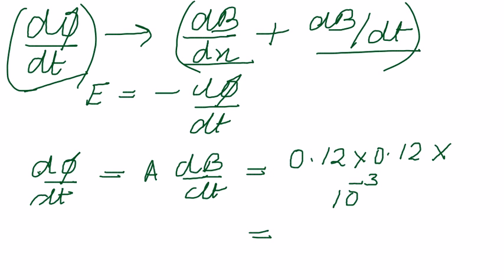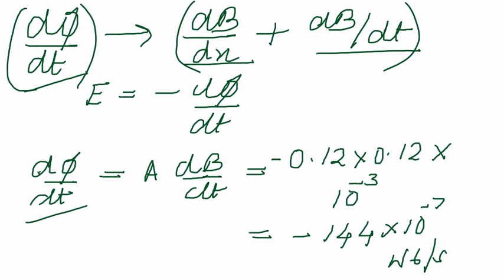This dB dt is negative because it decreases with time. So it works out to be minus 144 into 10 to the power minus 7 Webers per second. So this is d phi dt due to dB dt.